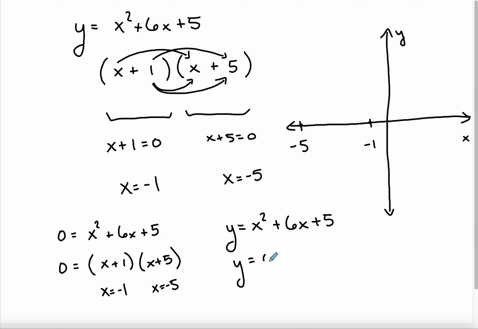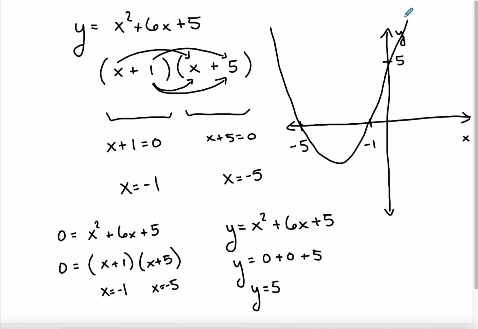When x is 0, y equals 5. And so I know we're going to cross the y-axis at y equals 5. This helps with my graphing because I know my graph must cross through all of those points. Right?